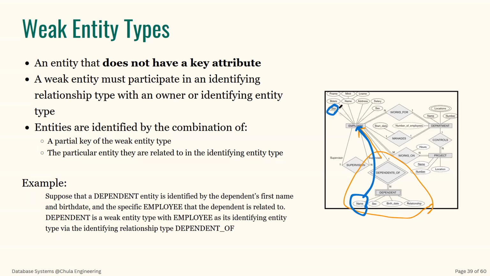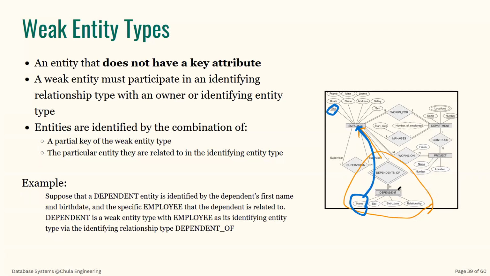And then you link that social security number from employee to this dependent. So it becomes unique. But here I assume that each of the employees doesn't have the same name for their children, right? For their dependents. All right. Okay, so this is the meaning of the weak entity types.